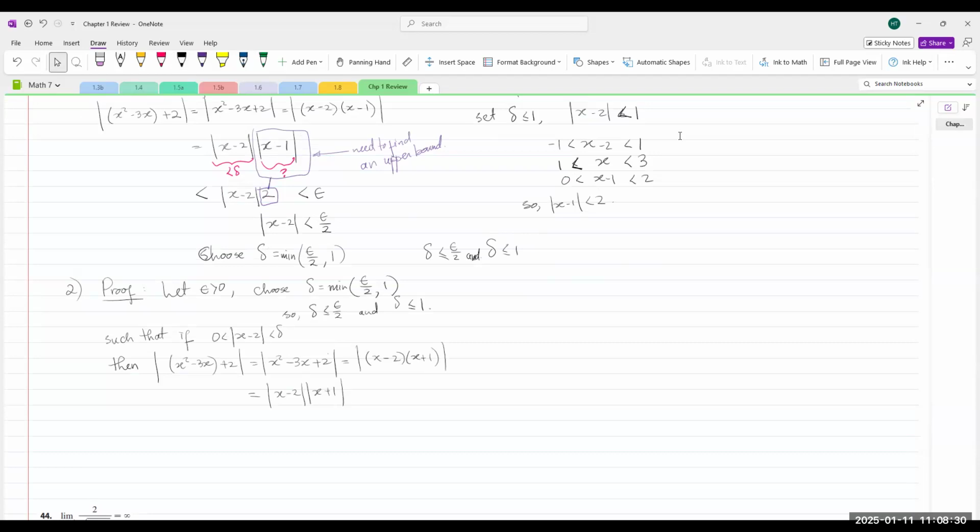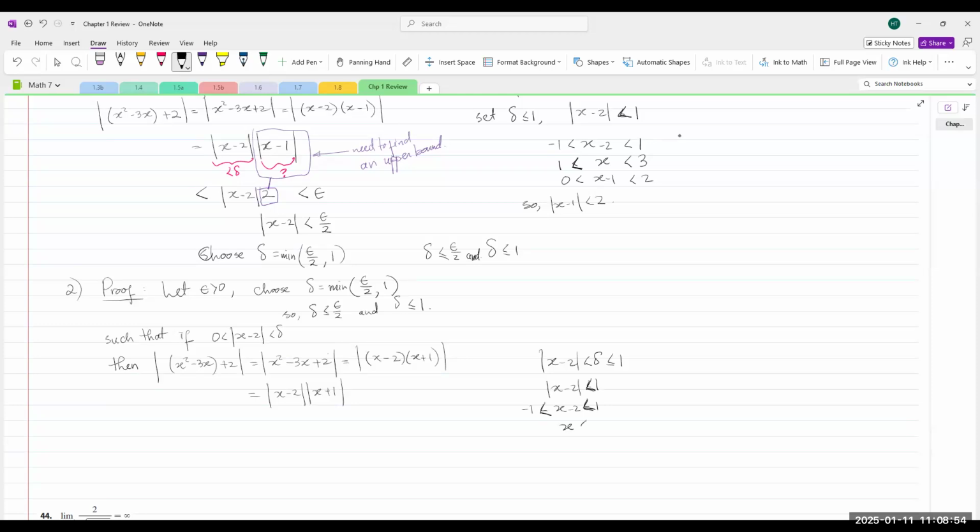Okay, but we already know that absolute of x minus 2 is less than delta, and delta is at most 1, means absolute of x minus 2 is at most 1. So x minus 2 is between negative 1 and 1, actually less than 1.